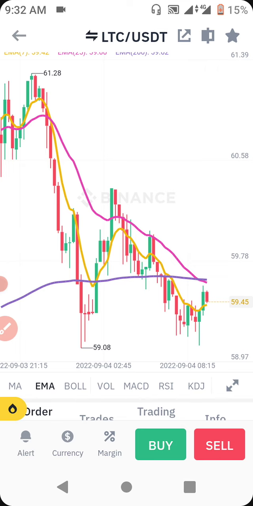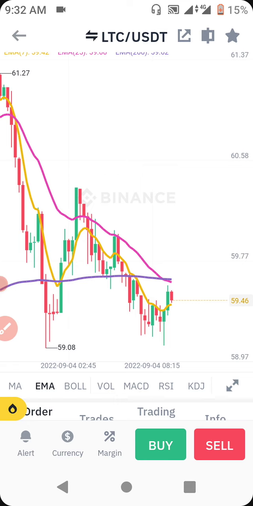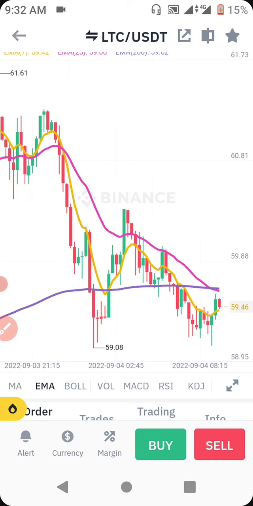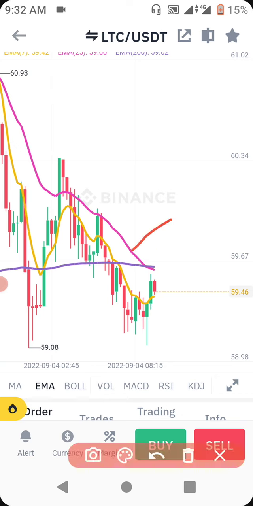So you've seen that this support is strong, but it is below the 200 EMA. So we wait for these two moving averages right here, the 7 and the 21, to cross above this 21.